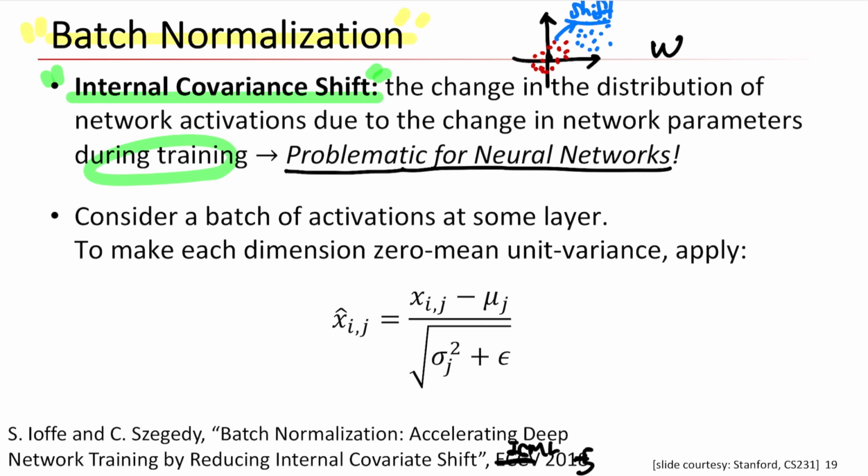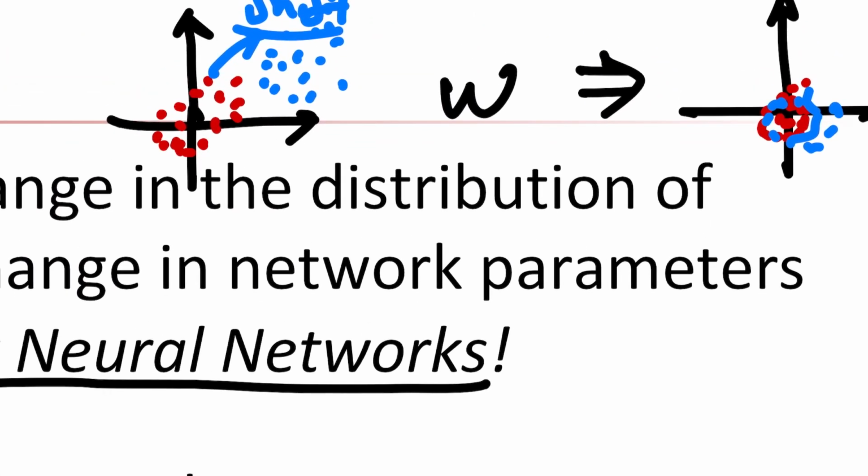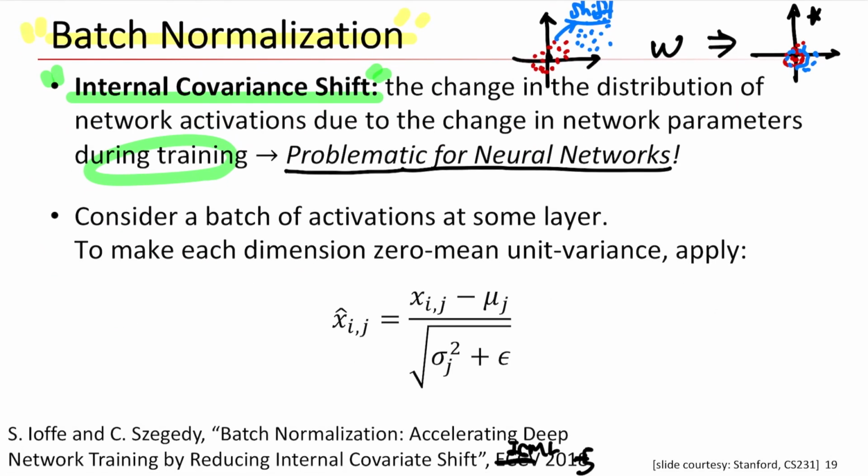So in batch normalization, the authors try to solve this internal covariate shift. How can we solve this problem? If we can normalize the activation to zero mean and unit variance, something like this, we can solve the internal covariate shift problem, right? So how can we do that?